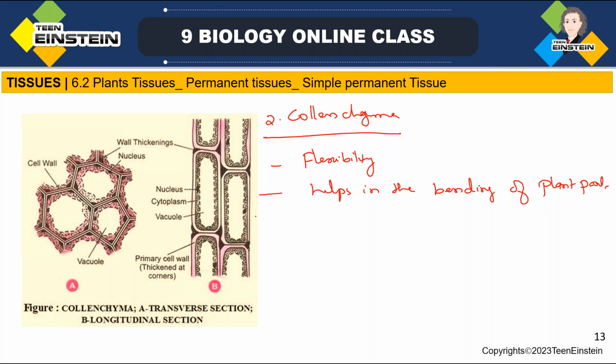Just think where we need that type of bending activity, like climbers and tendrils. In such plants or tendril-like plant parts, you need the help of this collenchyma to give flexibility, so that it will climb without breaking.